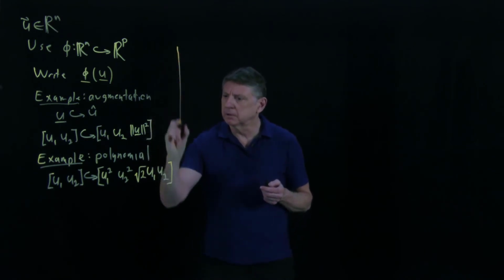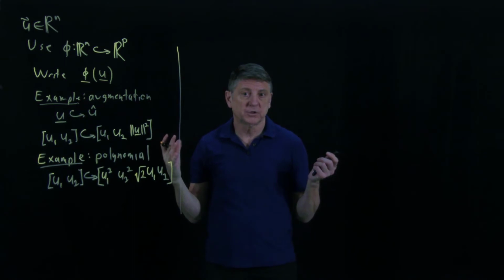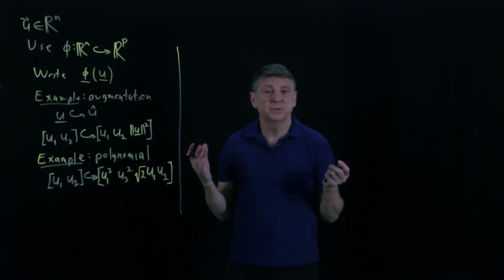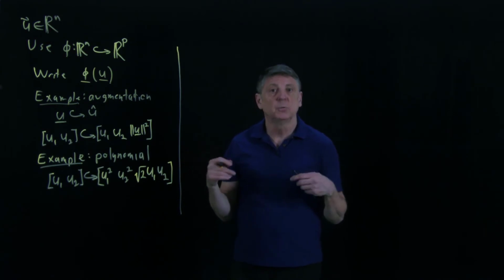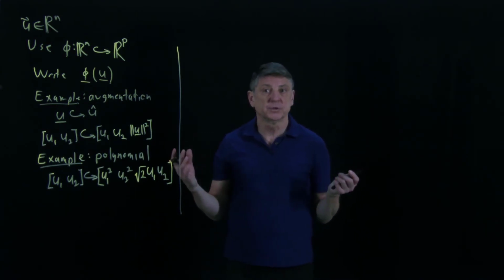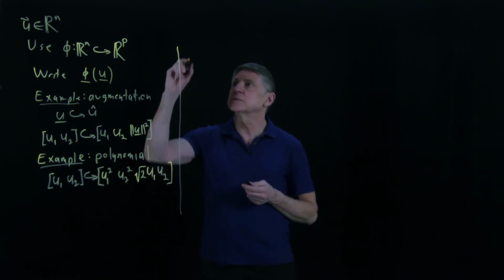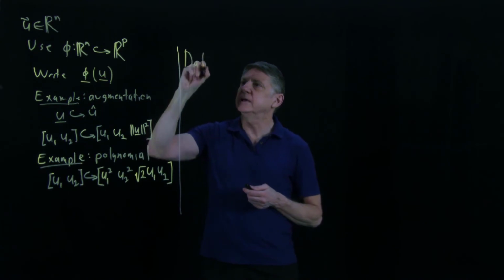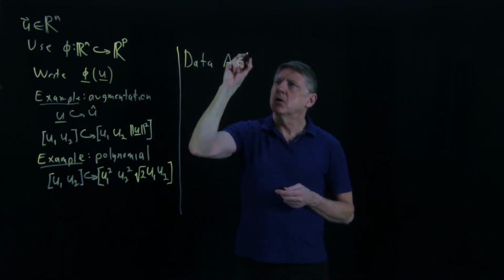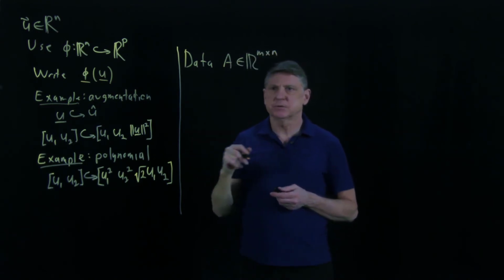Well, let's think of it this way. What we usually want to do in linear data analysis is more or less one of 3 things. We would like to cluster, we would like to perform linear regression, or we would like to perform principal components analysis. Let's think of principal components analysis. We begin with data, and these data are all real numbers, and there are m observations and n variables.